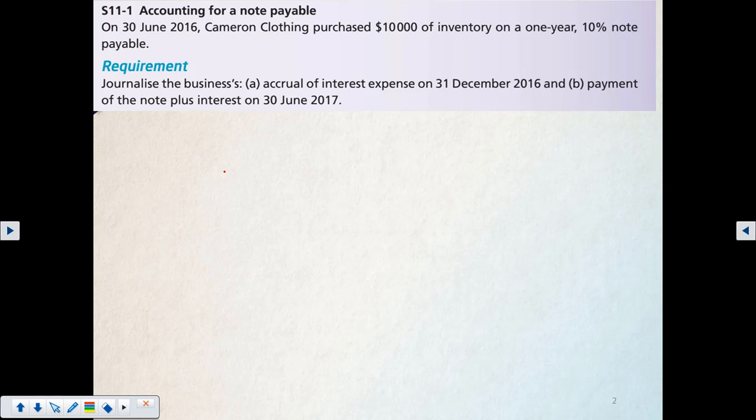Interest expense to interest payable. Is that correct? Very good. Interest expense debit to interest payable.